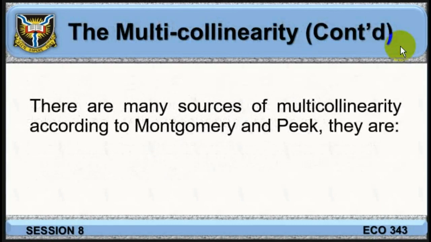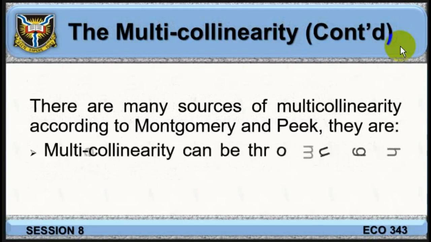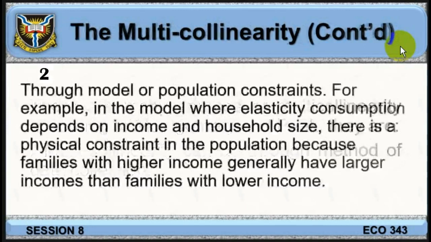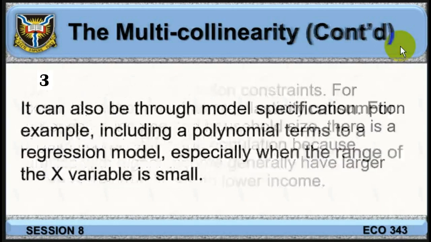There are many sources of multicollinearity according to Montgomery and Peck. They are: 1. The method of data collection. 2. True model or population constraints. For example, in the model where electricity consumption depends on income and household size, there is a physical constraint in the population because families with higher income generally have larger household sizes than families with lower income. 3.